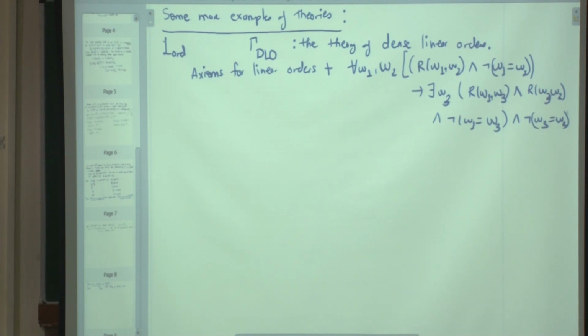We don't need to include the last thing. Why? We do need to include the last thing. Not equal to is not transitive. Very good. So we do need to include all of these.